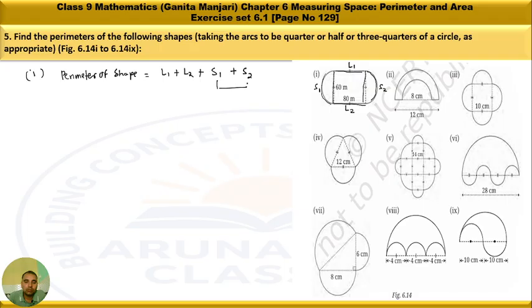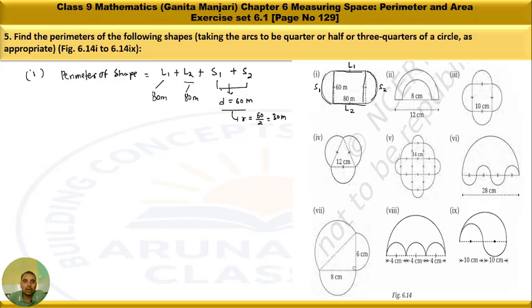Both semicircles have the diameter of 60 meter. So for this diameter, the radius of the circle will be 60 upon 2, that is 30 meter. Length L1 is given as 80 meter. Length L2 is also given as 80 meter.